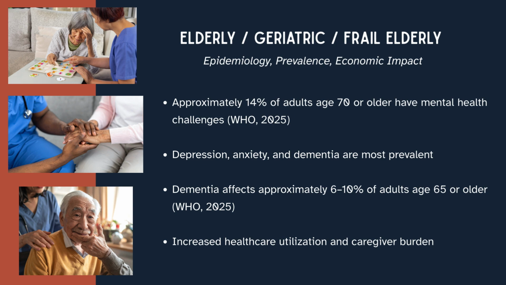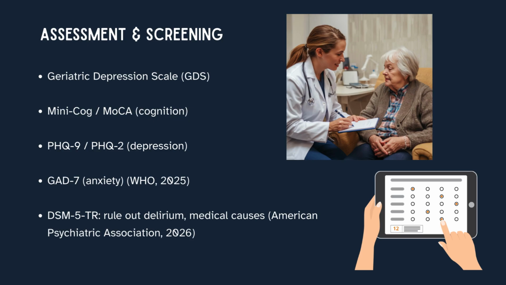When left untreated, mental health illness in this group leads to more hospitalizations, medication complications, caregiver stress, and overall decline in function. When assessing the elderly population, we have several great screening tools. The Geriatric Depression Scale works well as a screening tool because it avoids a strong focus on physical symptoms.